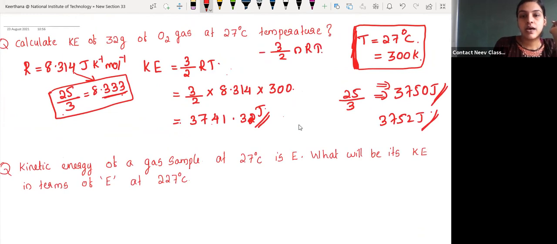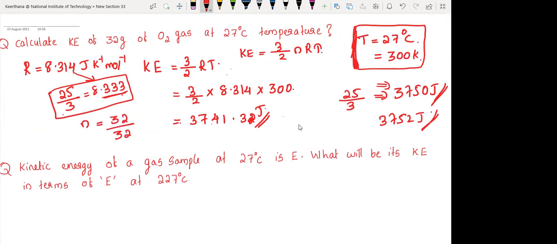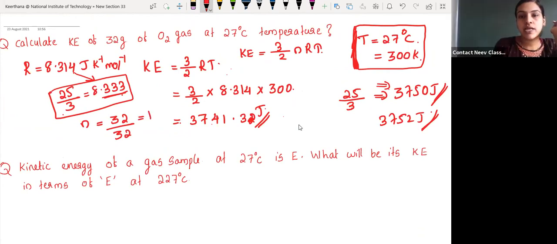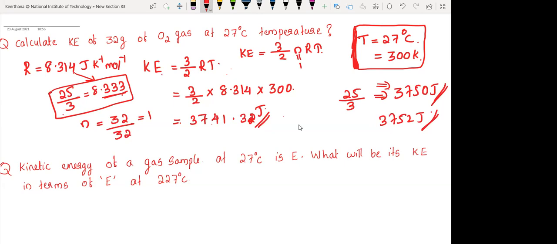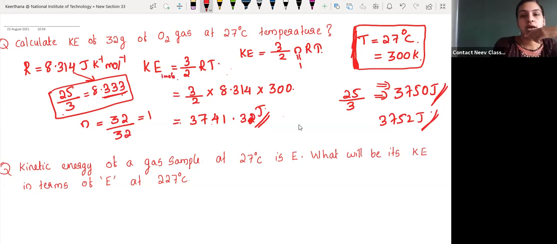Kinetic energy of n moles, and it is 32 gram, so number of moles will be 32 divided by 32, which is equal to 1. So you can use this equation and substitute n equal to 1, or in the first step itself you can understand it is 1 mole and use the equation for kinetic energy of 1 mole. Yes, ma'am, got it. Thank you. Here I use the kinetic energy of 1 mole equation, and if you are using the n mole equation you should substitute n equal to 1.